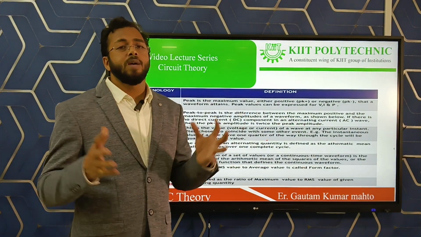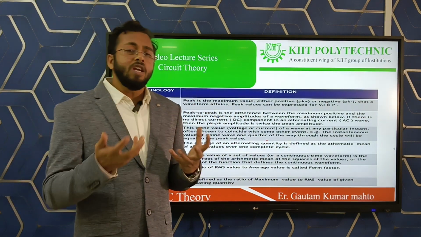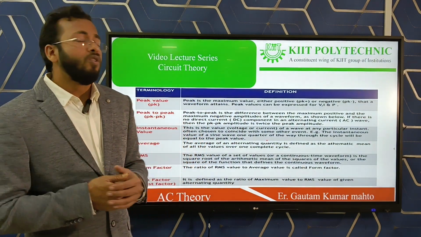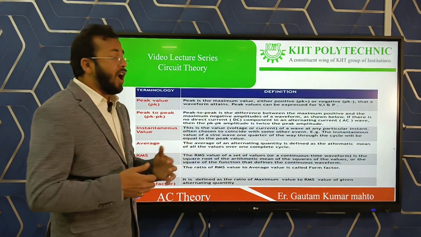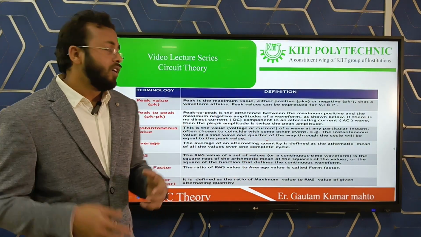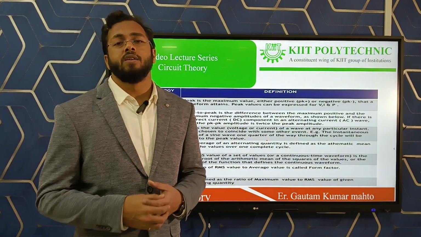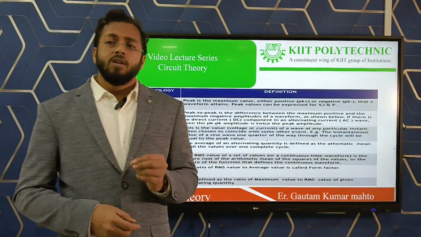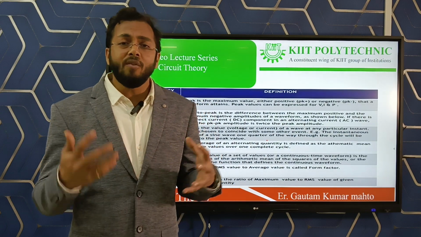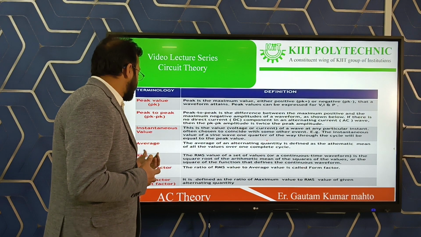Average: the sum of the observations divided by the number of observations, that is the formula. Using that formula you can calculate the average value, or in a continuous waveform you can integrate the data to get the average value. RMS, root mean square: you have to take the average of the squared quantity, and then the root, to get the RMS value.